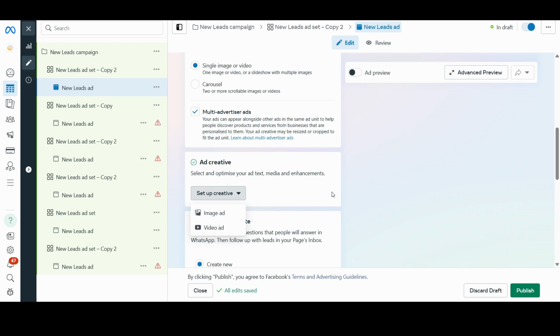If you are using Instagram as your major placement, then it's better for you to use a video ad because most Instagram people, they prefer videos, right? If you're using Facebook, then it's better to use an image ad because that's easier for people on Facebook to click. You need to understand your audience and how they think and how they react and what they react to. If you do not do this, you are going to have problems.